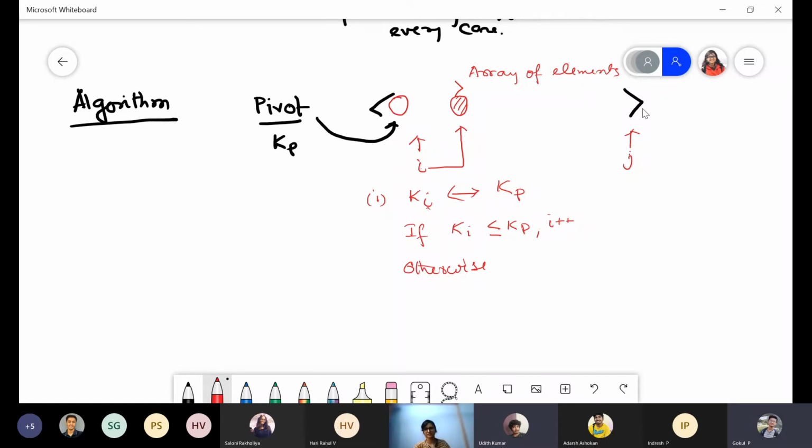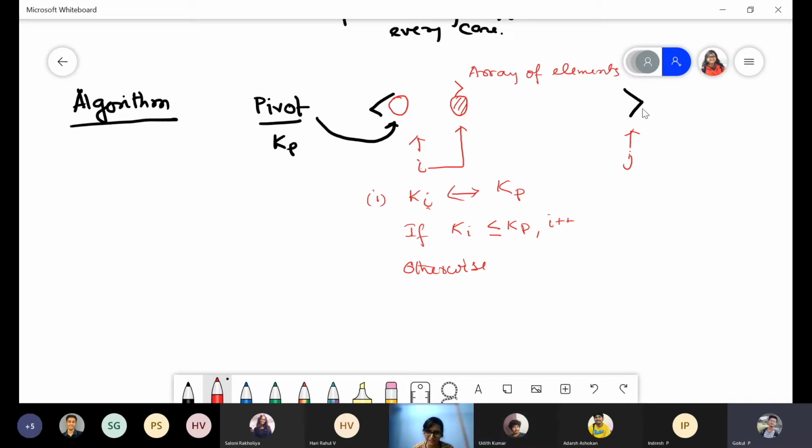Yeah, in the same iteration, or after I have found one point where my condition is not satisfied. Because it's an if condition, it'll go to the next iteration only.